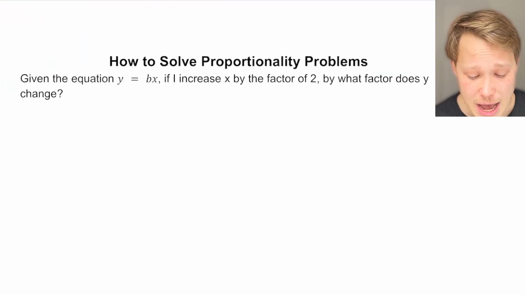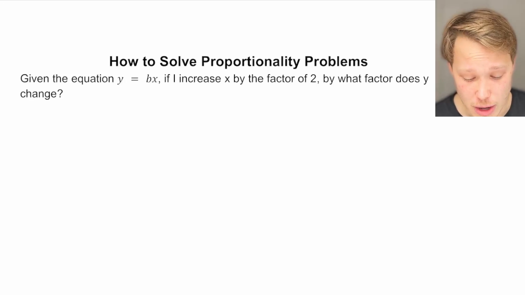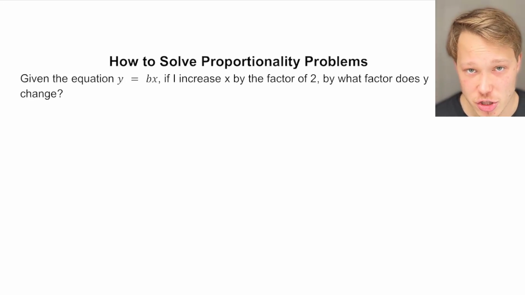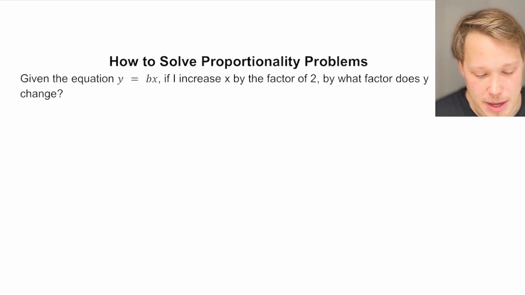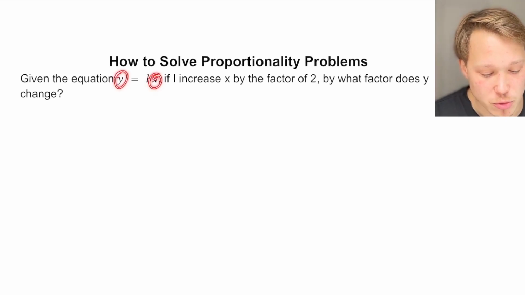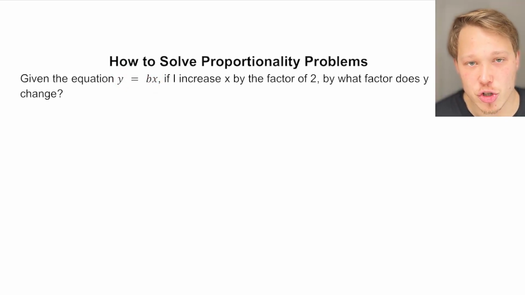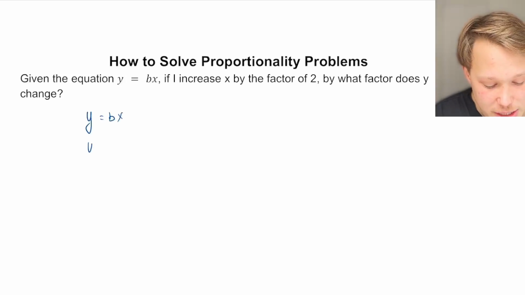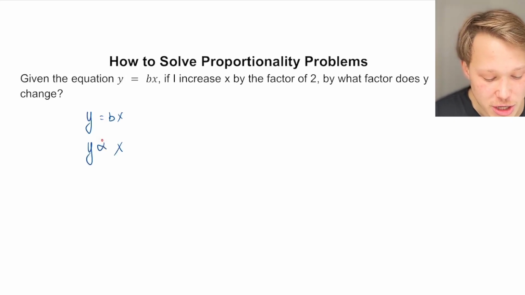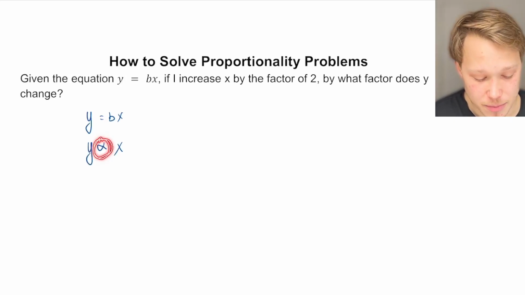If I increase x by a factor of 2, by what factor does y change? It might be a pretty easy problem. Of course, if I make x twice as big, y will become twice as big as well. But I want to introduce another method with this. Instead of y is equal to bx, I can write this equation as y is proportional to x. This right here is a proportionality sign.